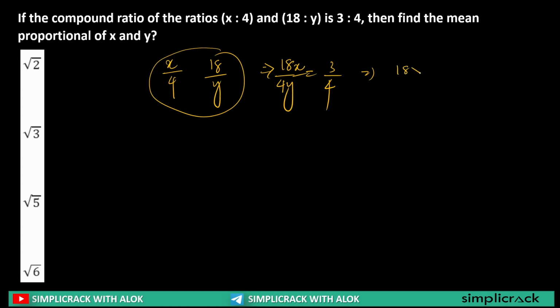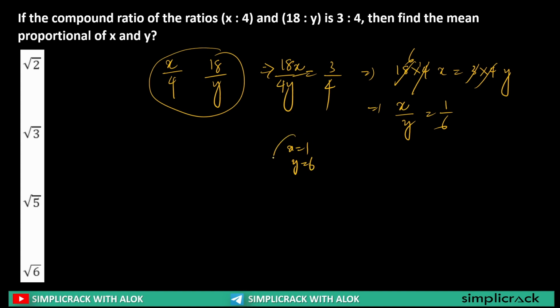Then I can say 18 into 4x is equal to 3 into 4y. 4 cross out. 3 6 is 18. Or I can say x by y is equal to 1 by 6. I can say, right? Yes, sir, you can say. Or I can take x is equal to 1 and y is equal to 6.